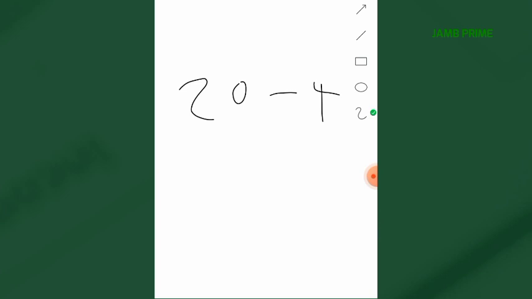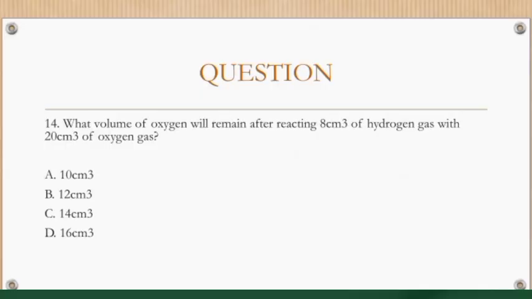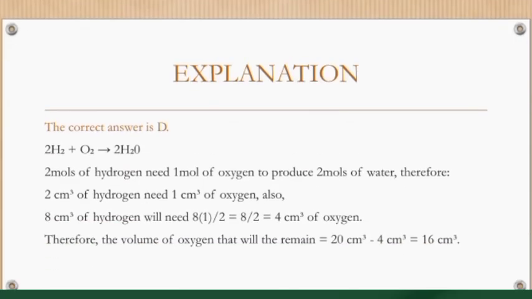You subtract the answer you got from the one they gave you in the question. That should give you 16 centimeters. That's why D is correct. So you can see the solution.